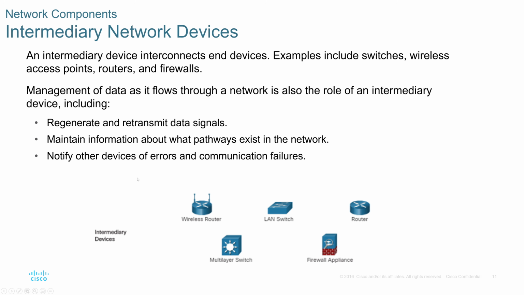But for now, just remember these intermediary devices are very important because they basically manage the data as it flows through the network. And it makes sure that the end user from one end will get exactly what they want, and the end user on the other end will receive exactly what is being sent.